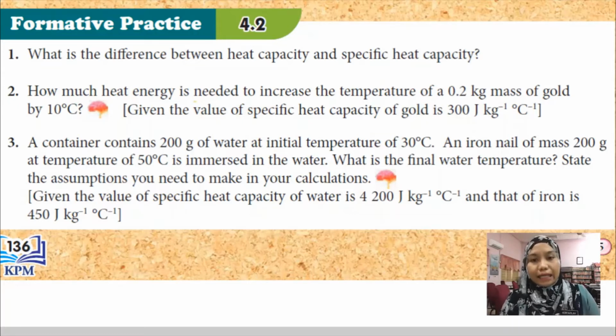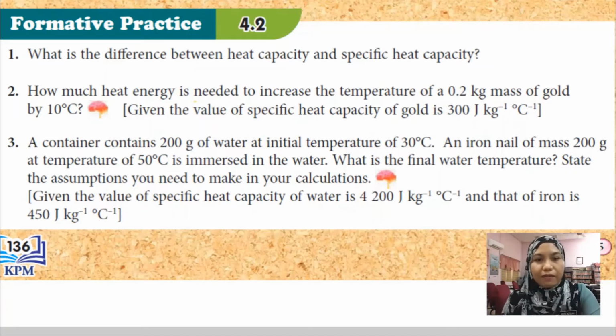An iron nail of mass 200 grams at a temperature of 50 degrees Celsius is immersed in the water. So we have two objects: the first is water, and the second is the iron nail. What is the final temperature?